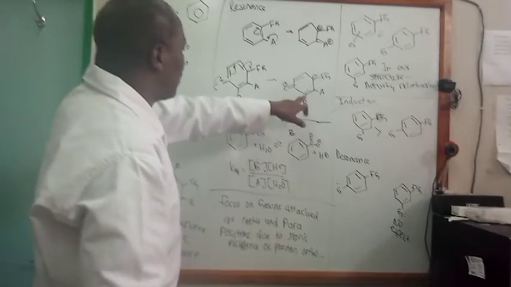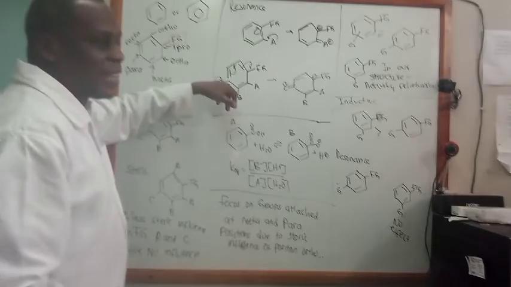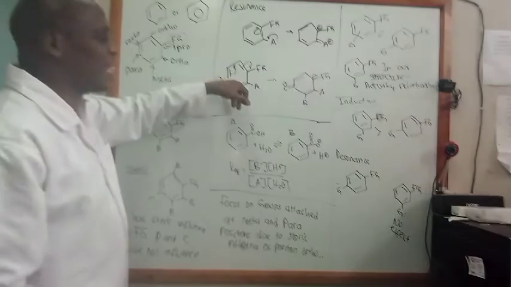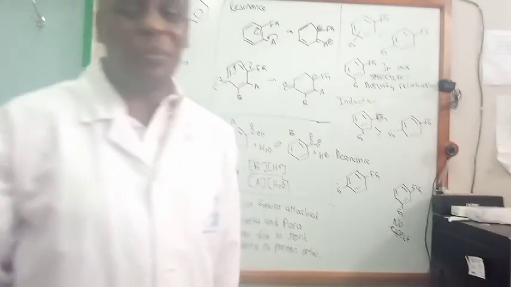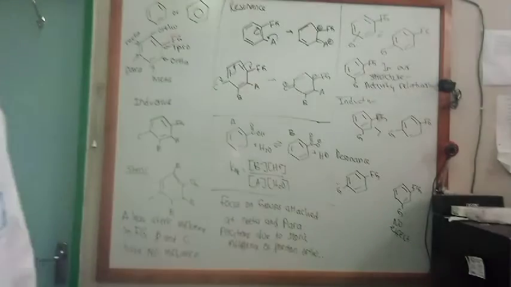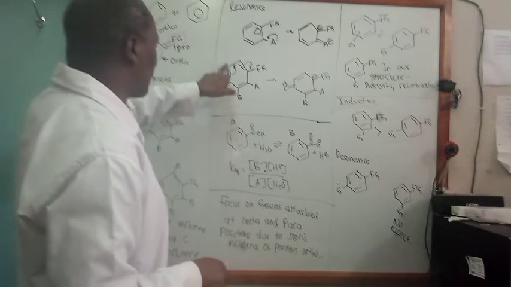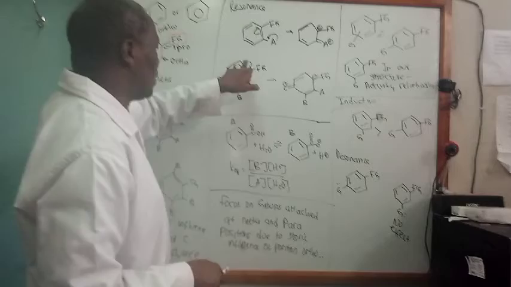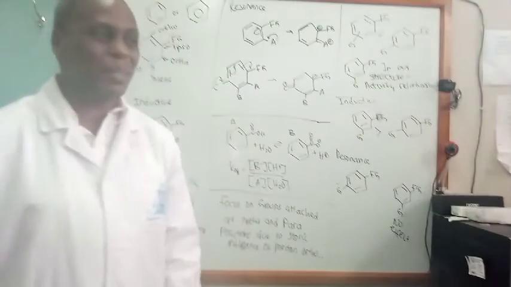And the same thing will happen to the group at the para position. And once again, as I mentioned, when you're dealing with resonance, the distance does not matter, provided there is this conjugation, a double bond separated by a single bond, and then there's another double bond, something like that.